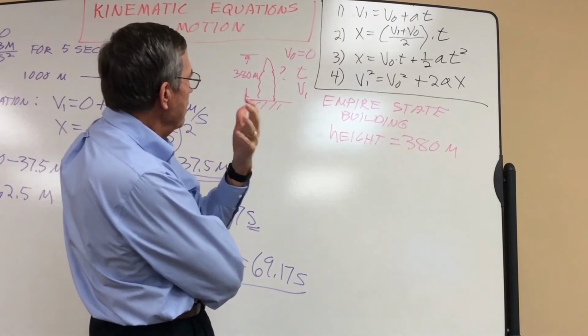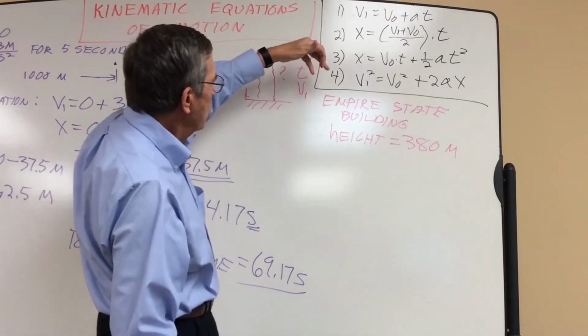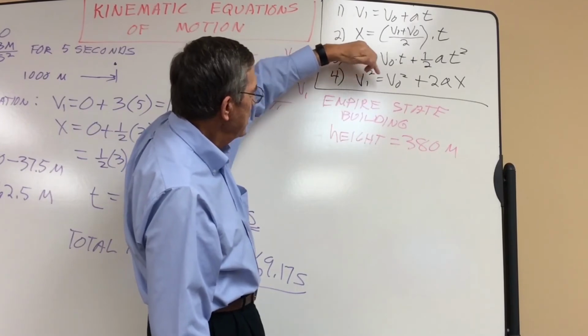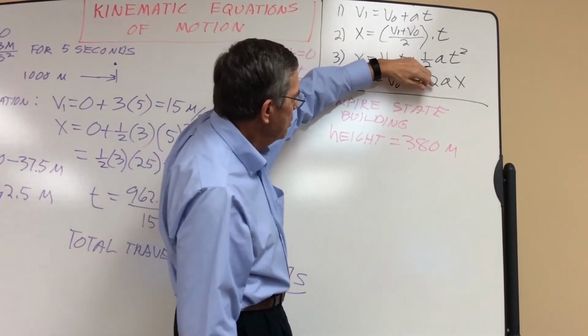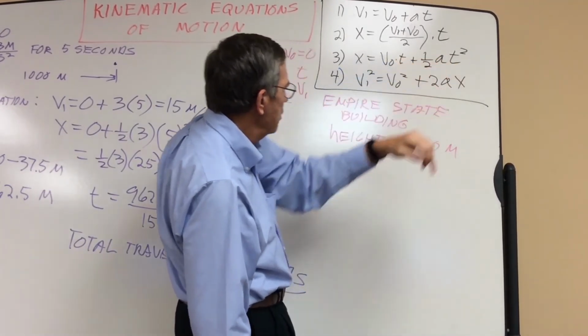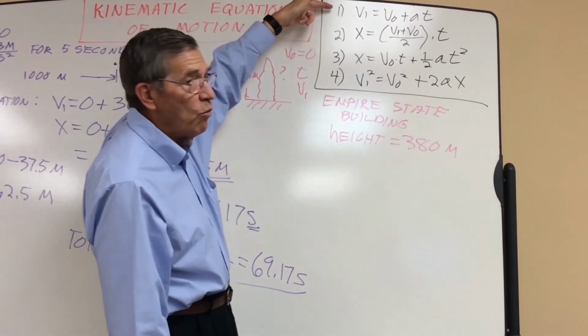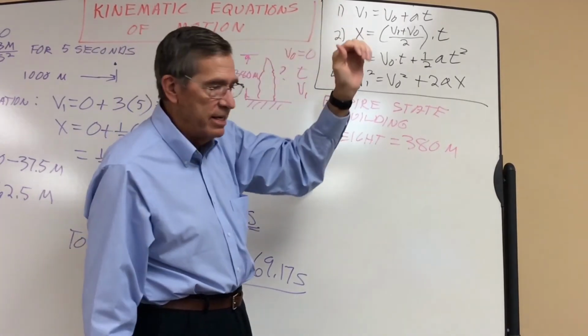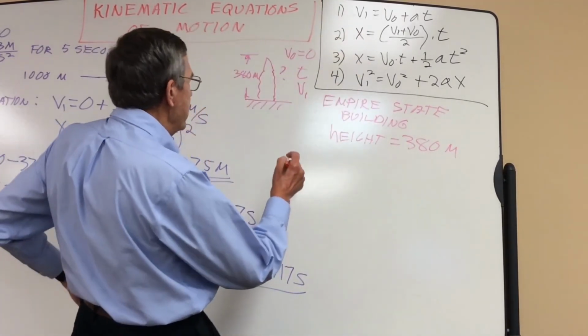We're trying to find the final velocity. Well, maybe we could use this one. Here we have final velocity, initial velocity 0, 2ax. We know how far it's going to travel, and we know the acceleration. So the first one didn't work for us in a one-step process, but the fourth one did. Okay, so let's see what we get here.